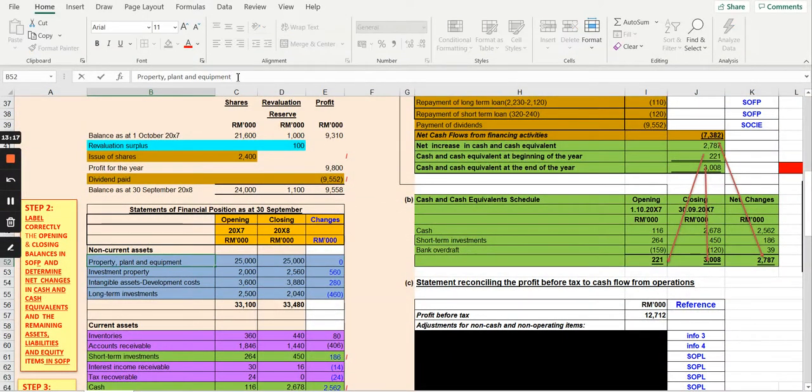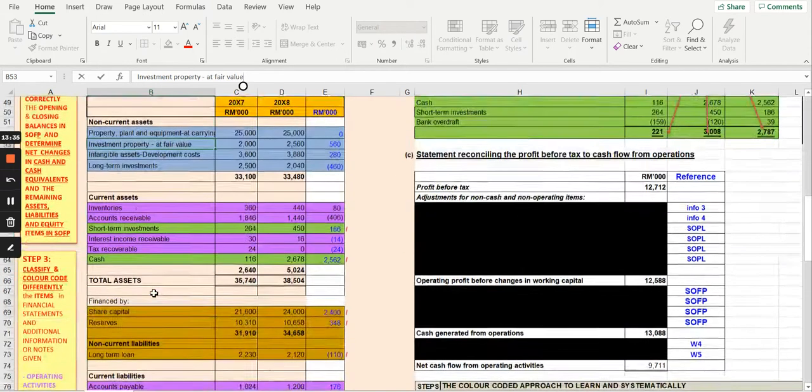It was not stated, but because there is no information given on depreciation elsewhere, we assume that it is at carrying value. Here it is at fair value. Why? Because the company uses the fair value model.